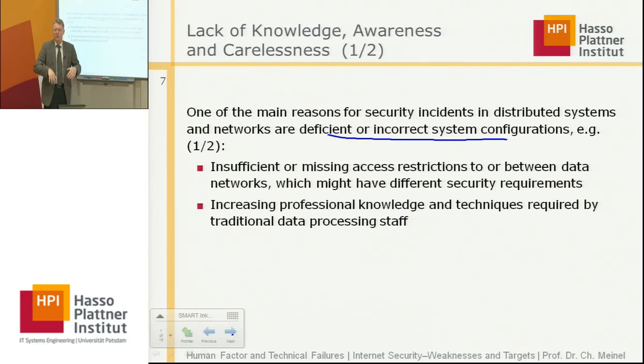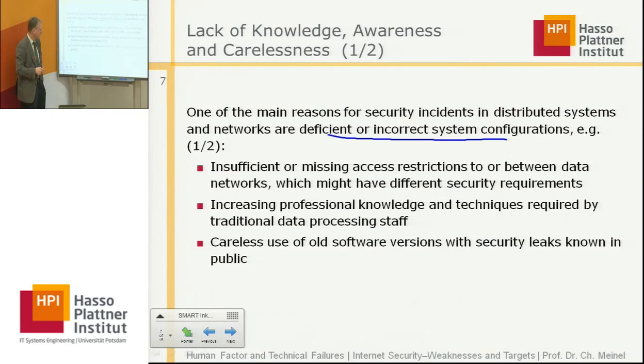Computer science is developing very fast, so all the people dealing with such systems need to learn more about these new technologies. Sometimes in large computing centers, people say, I'm not so interested in the last detail, I follow my old way. This was secure when I learned it, and I know from my experience it was secure. So they are not aware that many things are changing and new answers are needed.